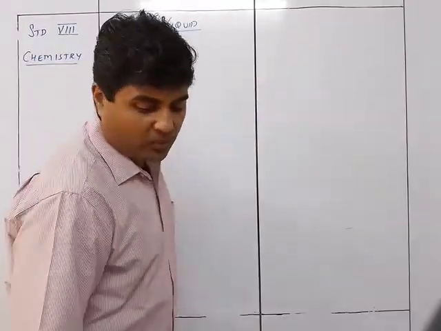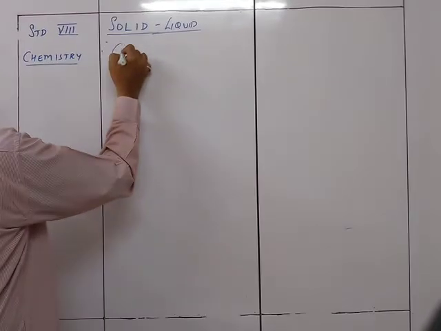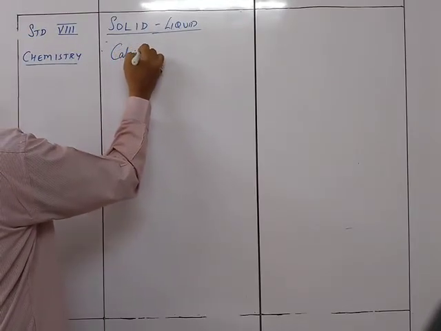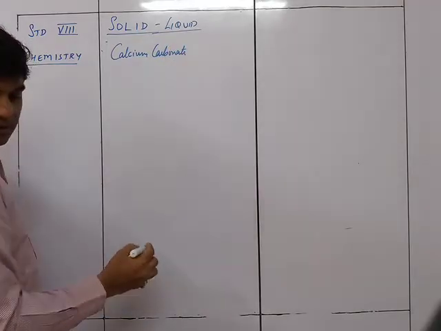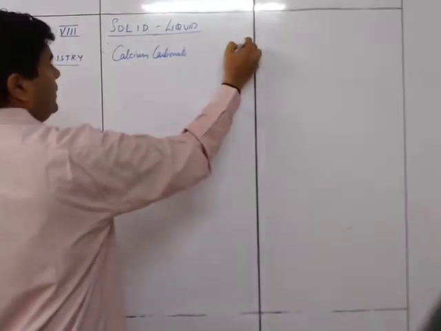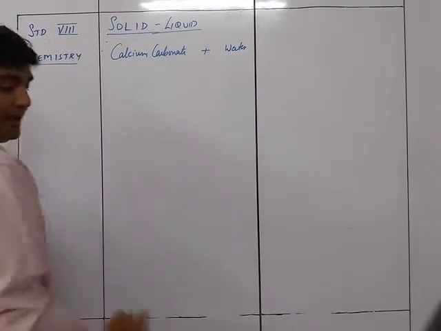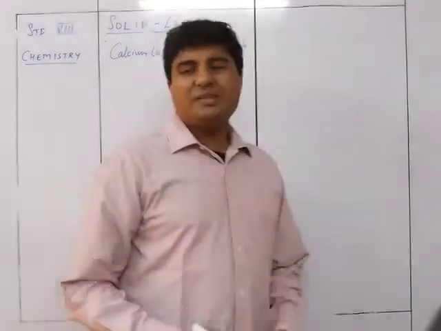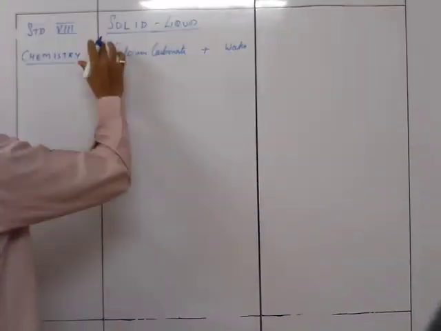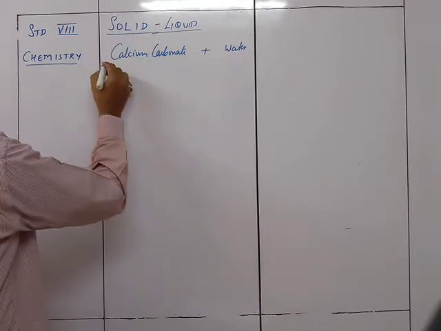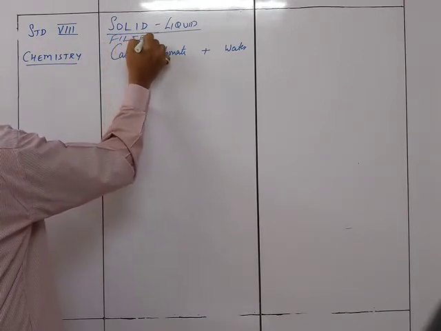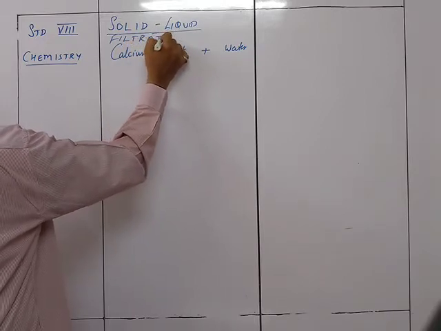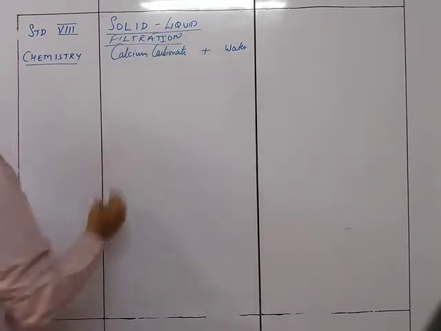We have the example over here as calcium carbonate and the other one is water. So we have calcium carbonate and water over here. The type is filtration.